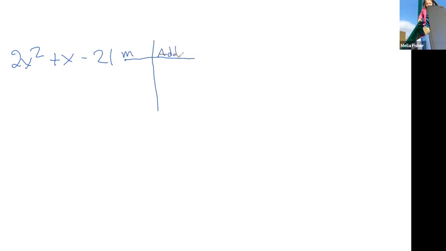What am I multiplying to, just so we are all on the same page? Minus 42x squared. And we're adding to 1x. Okay.